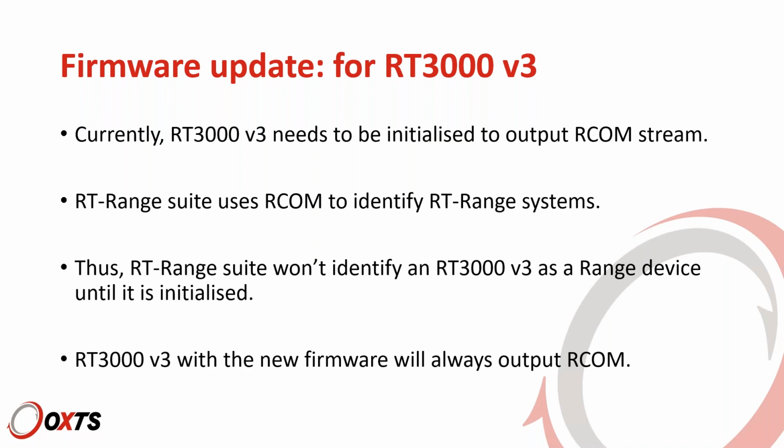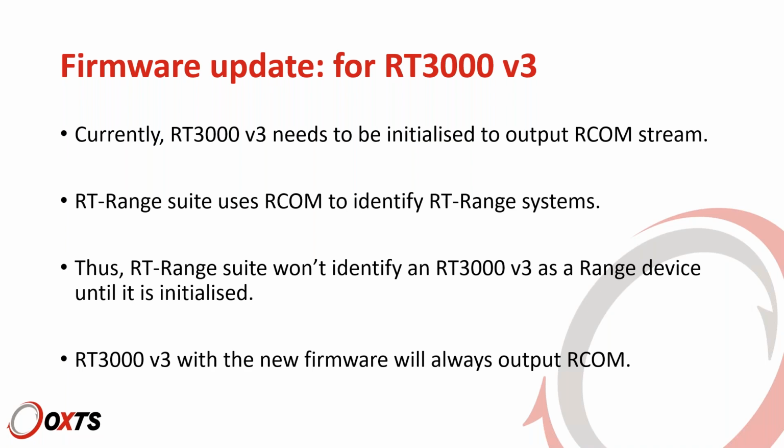So you'll find you usually have to be in the vehicle to configure this unit. Basically the reason behind that is because the RT3000 v3 needs to be initialized to output an RCOM stream. And this is the stream which the RT-Range Suite uses to identify if there are any RT-Range systems on the network. And so the Range Suite, without seeing this RCOM stream, isn't able to identify that you have a range device connected.